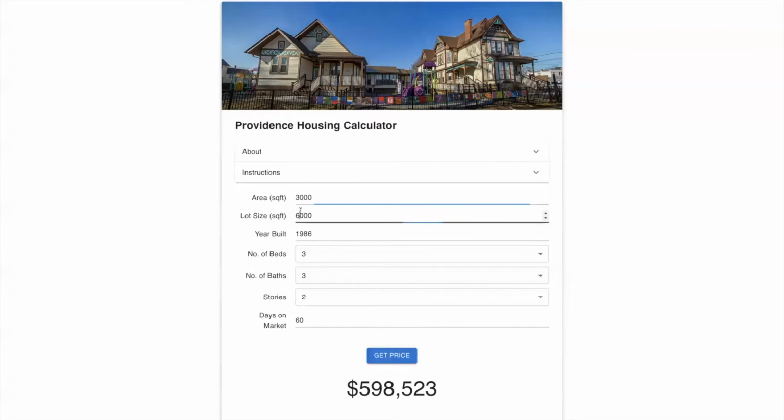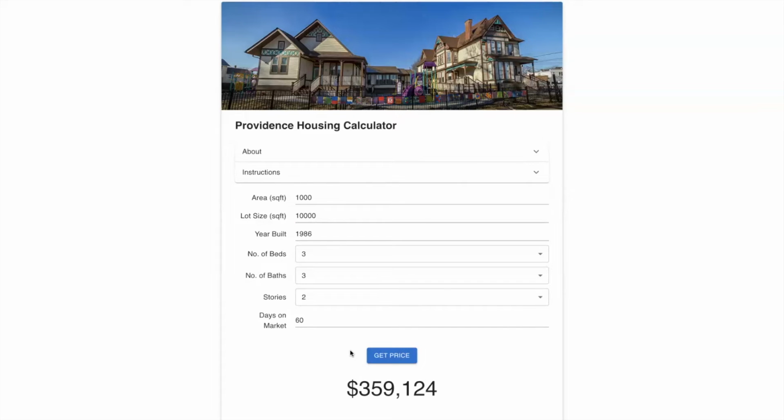This is interesting, but what's more interesting is when we start to play around with some of the numbers here. Let's say we increase the lot size to 10,000 square feet. We should expect the price to increase, and it does. And what if the area of Sally's house was smaller? Let's say it only had 1,000 square feet. And now the housing price is a lot cheaper.